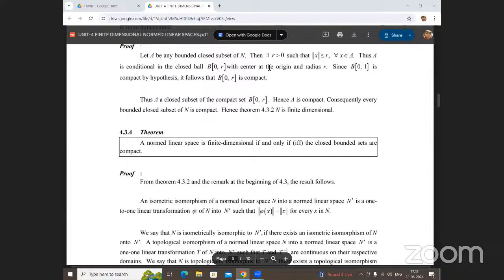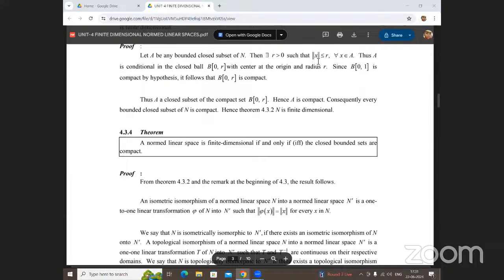Now we already know the above theorem: if closed bounded sets of a normed linear space are compact, then it is finite dimensional. Here small r is an element denoting the radius, so there exists r greater than 0 such that the norm of x is less than or equal to r.